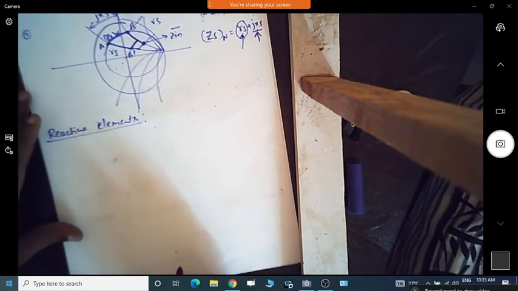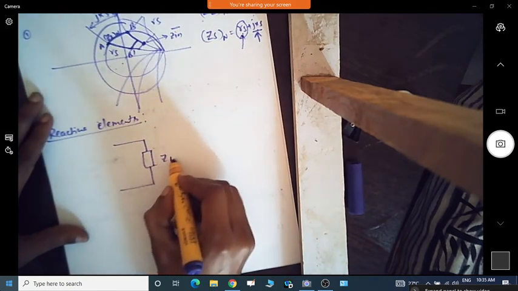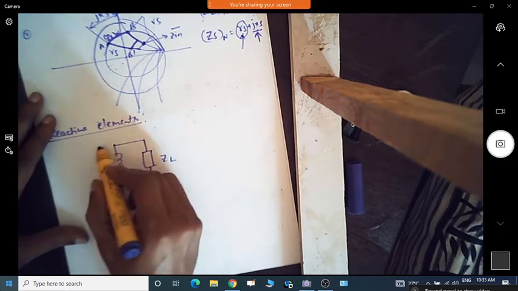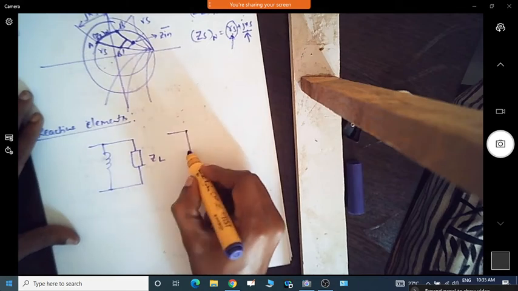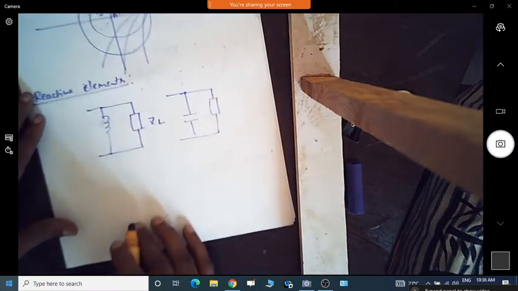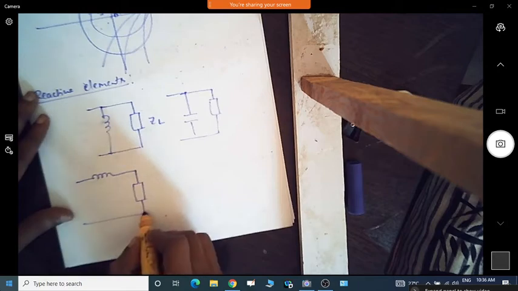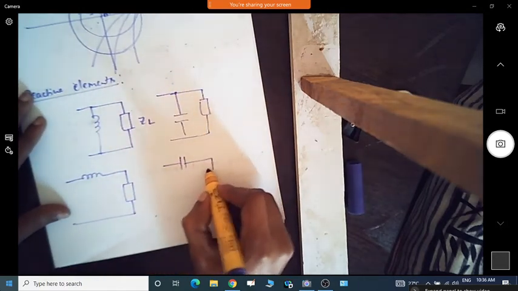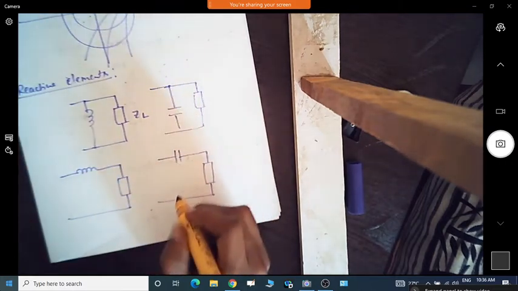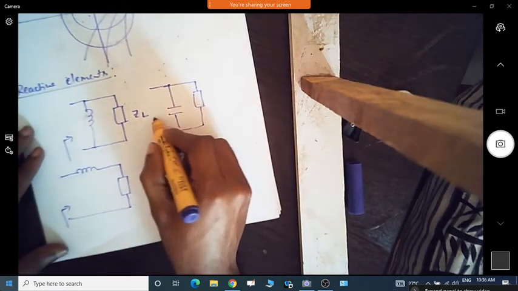In this case, if I have the impedance ZL, maybe with a parallel inductor, or even a parallel capacitor, and also a series inductor or series capacitor along with this ZL. So in all these four cases, as I go on adding the elements, what is my input impedance? That is what is important here.